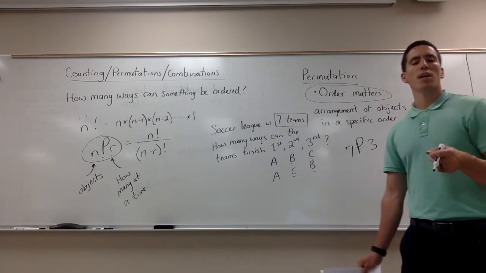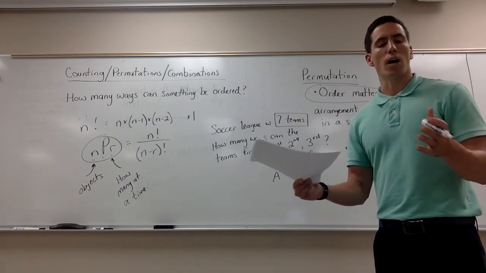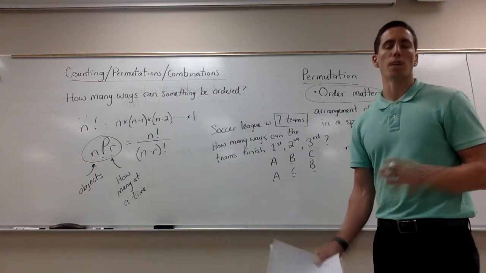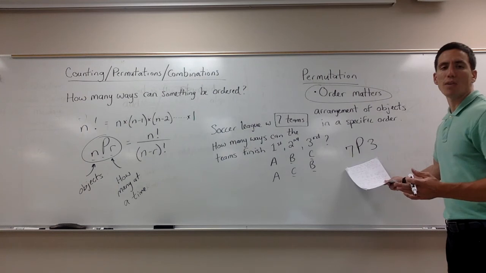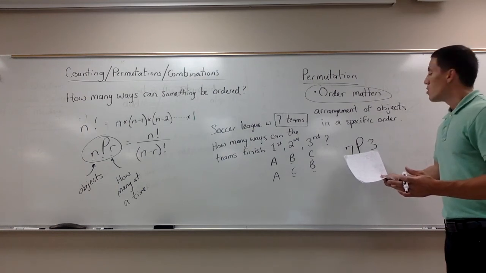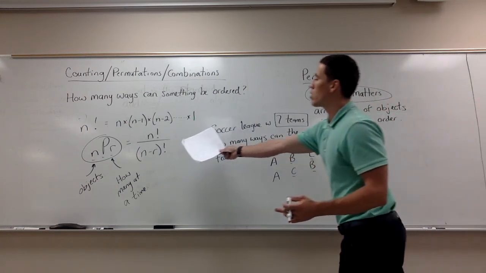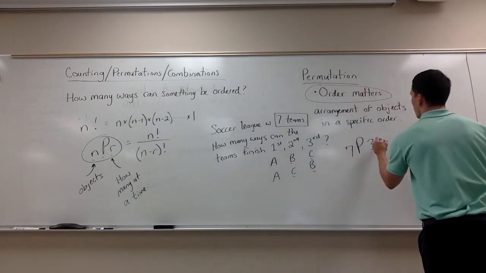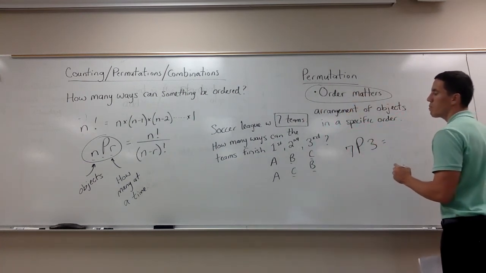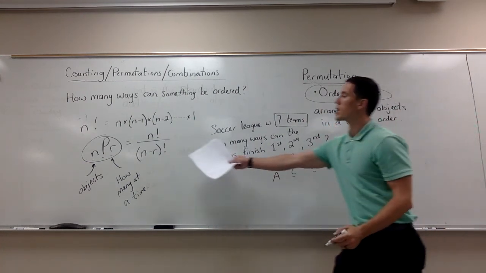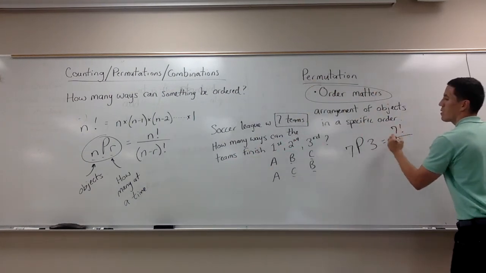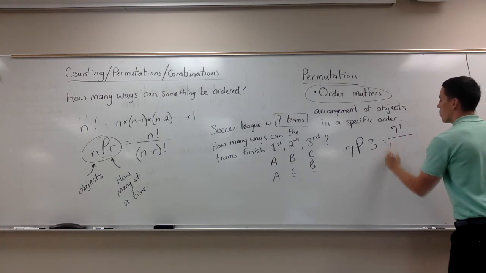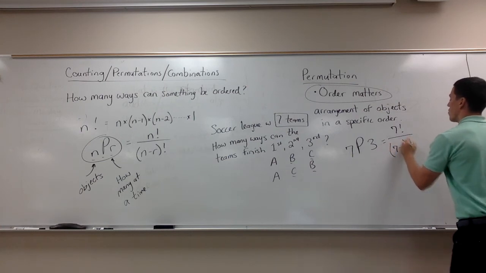Now you're going to find that if you have a graphing calculator, or all of you have access to the internet obviously, you can find calculators that will do this calculation for you, okay? So you can punch that in. We can also go ahead and rely on the definition for this problem. So 7P3, according to our definition over here, is going to be 7 factorial divided by (7 minus 3) factorial.